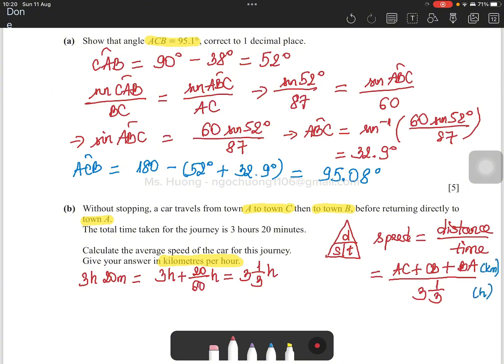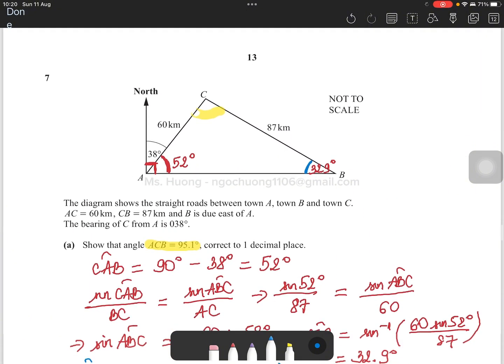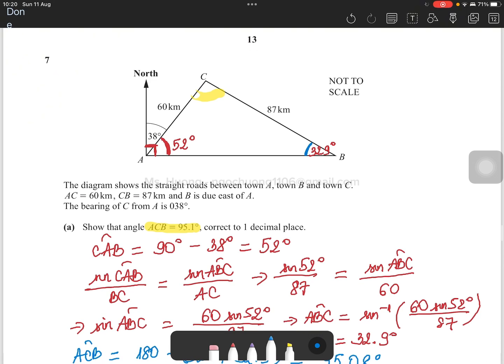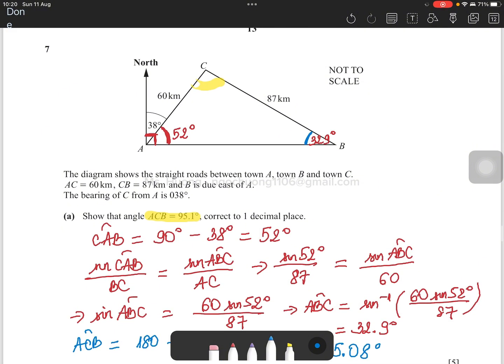So let's find the perimeter of the triangle ABC first. In the triangle ABC, we know the length of AC and CB already. So now we need to find the length of AB. To find the length of AB, you know that the angle C is 95.1 degrees.